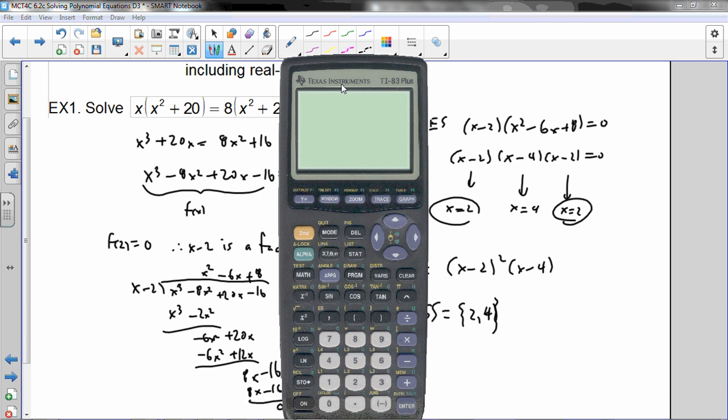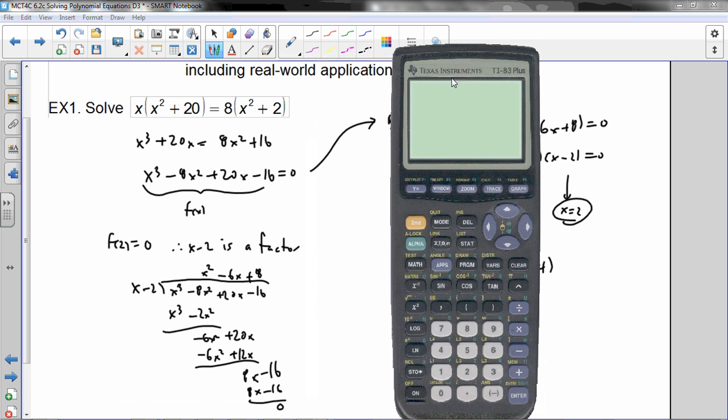And we shouldn't be too surprised about that. And if we wanted to have a look on the graphing calculator, again, I could put this equation in, or I could put in this equation and that equation. But I'm still thinking that there's only going to be 2 solutions. So I got x squared plus 20. And notice that this is a cubic, right?